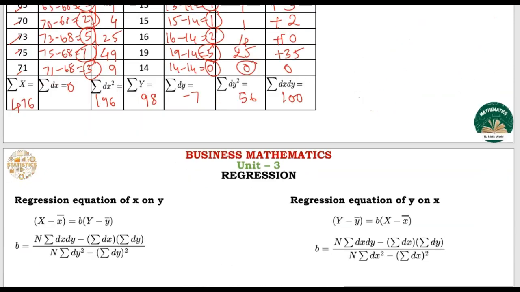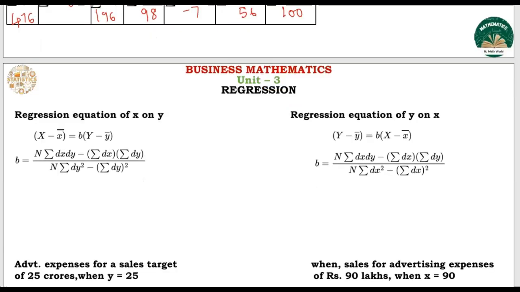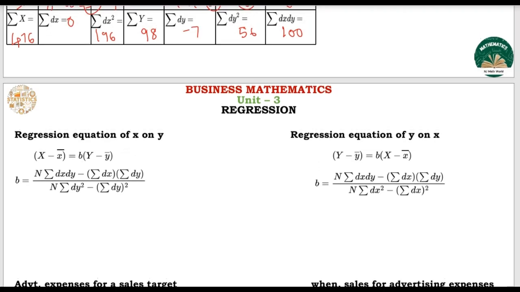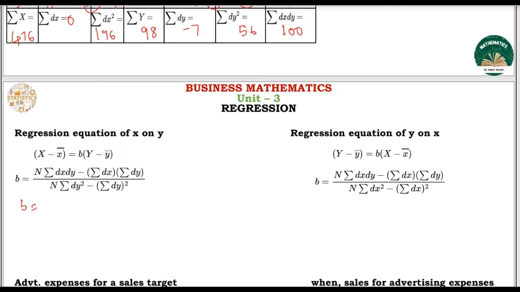Now substituting these values in the given formula, we have b equals N is 7, sigma dx dy is 100, minus sigma dx will be 0, 0 into something is 0, dy is minus 7, divided by n into sigma dy square is 56, n is 7, 56 into 56 minus sigma dy square is minus 7 square.